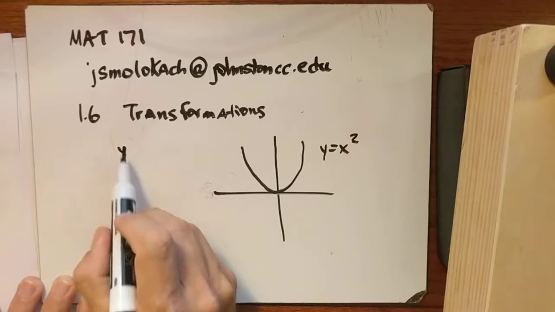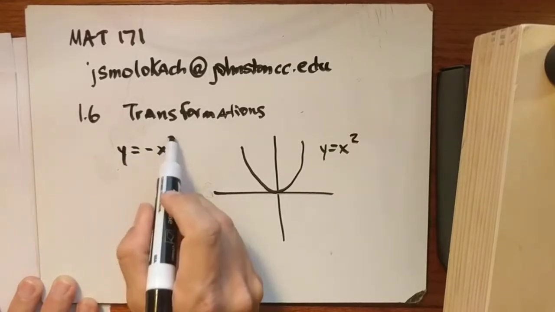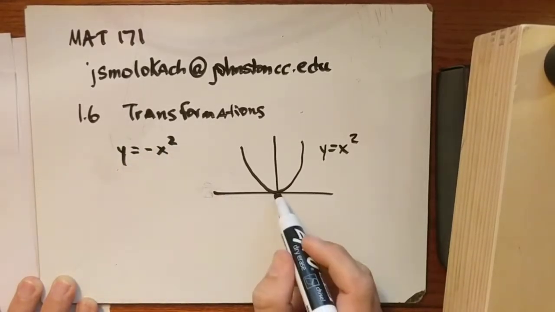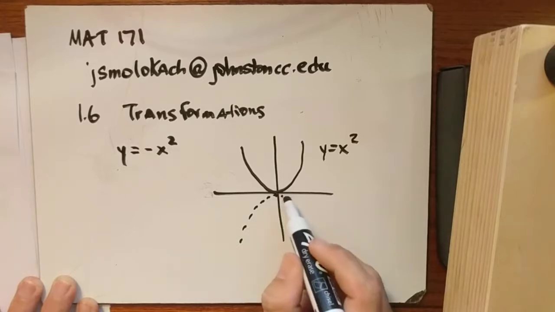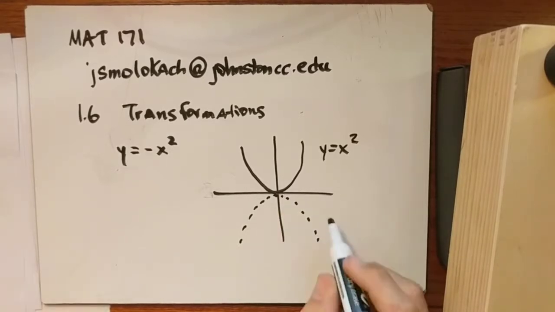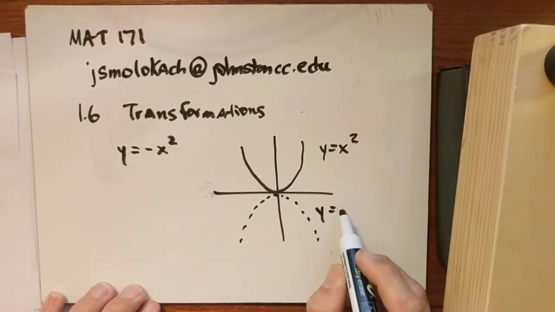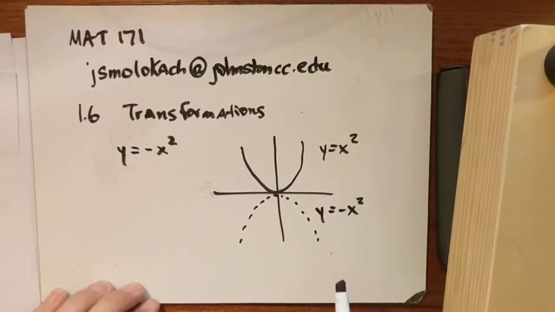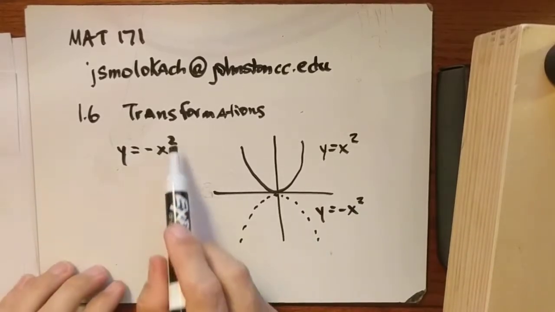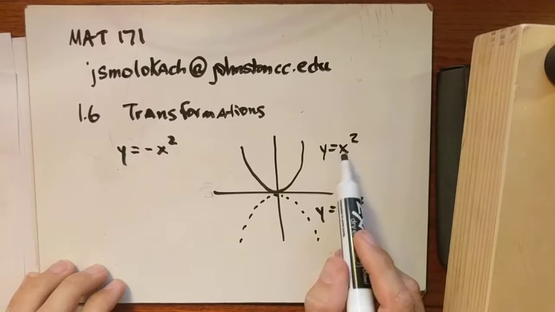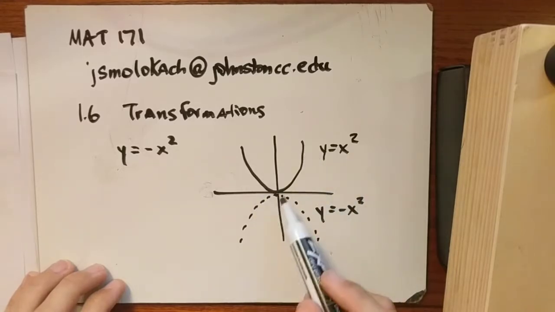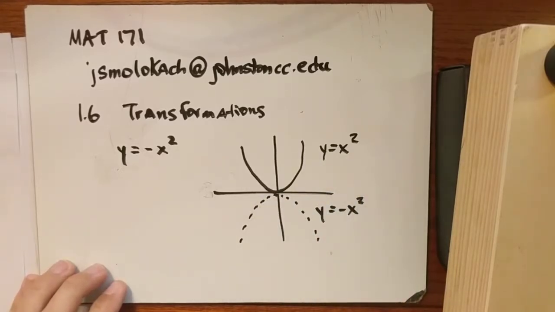For example, if you had y equals negative x squared, that would take the graph and reflect it over the x-axis, because you're taking all the y coordinates and making them the opposite. All the positive y's now become negative.